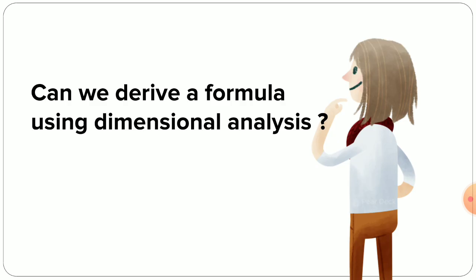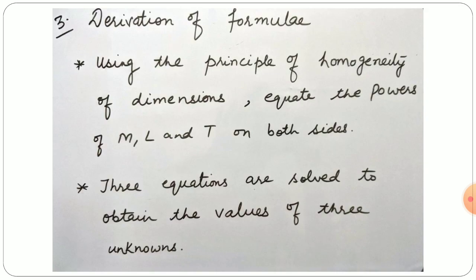The third application is, can we derive a formula using dimensional analysis? Yes, using the principle of homogeneity, again, we can equate the powers of mass, length and time on both the sides, and we obtain 3 equations which can be solved for 3 values.